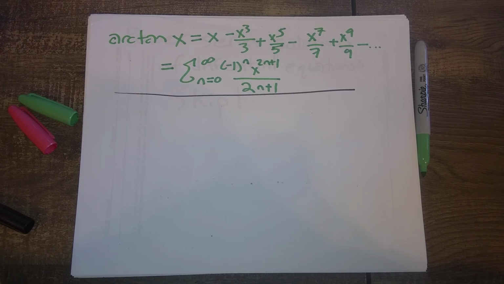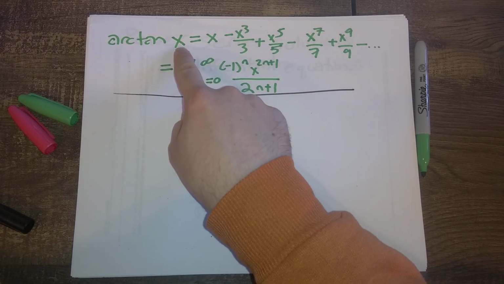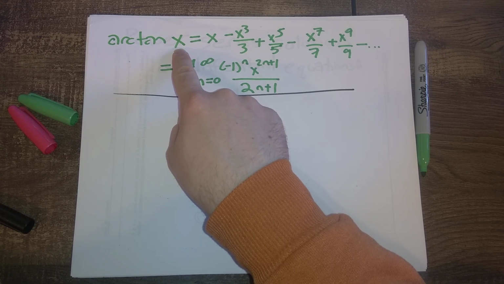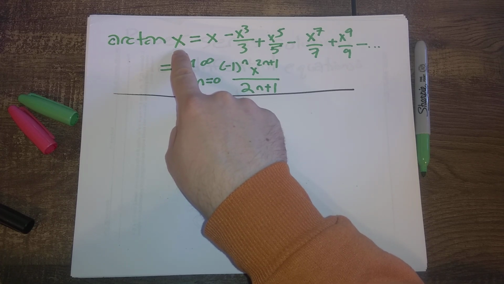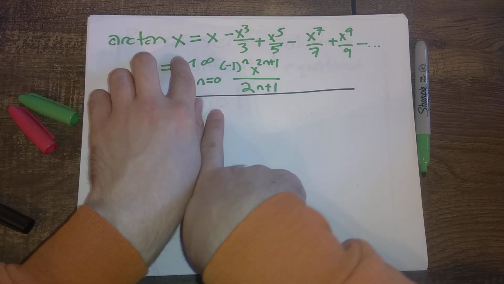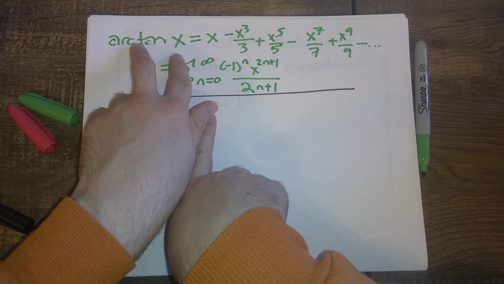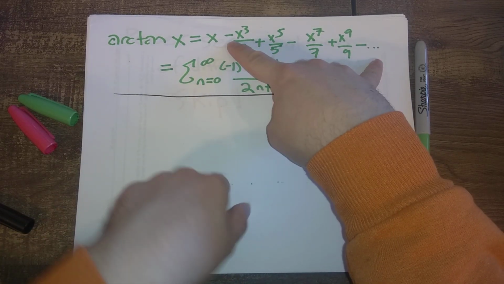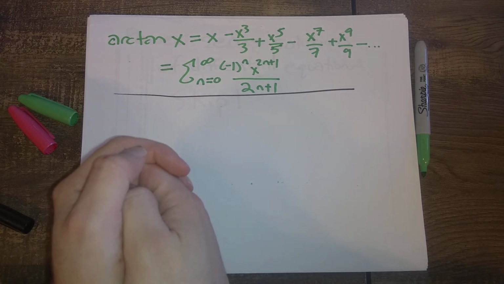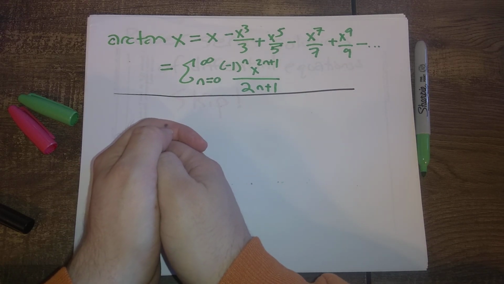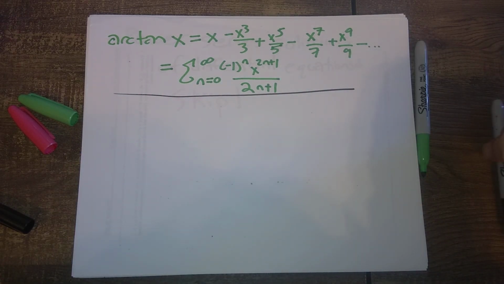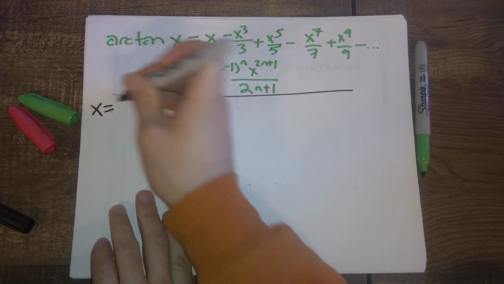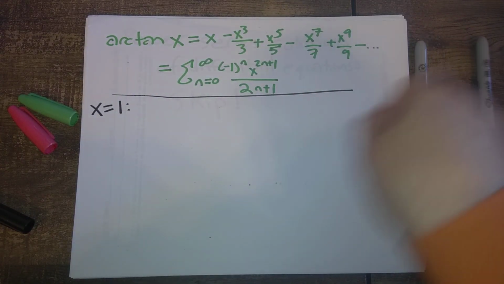Well, 0 would be an obvious one, but that would just give us arctangent of 0. Well, we know that's 0. This is 0 over here. That's not telling us anything. But what happens if we let x be equal to 1 here?